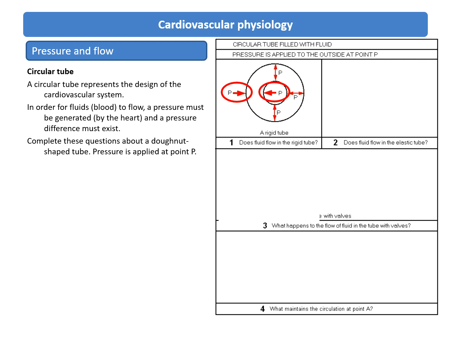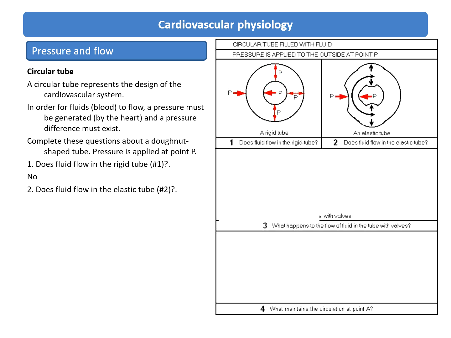Let's apply pressure at point P and answer the question, does fluid flow in a rigid tube? No, it does not, because the pressure in a rigid tube would be generated equally on all parts of the inside of the wall. Does blood flow in an elastic tube? Yes, it would, but it flows in both directions.